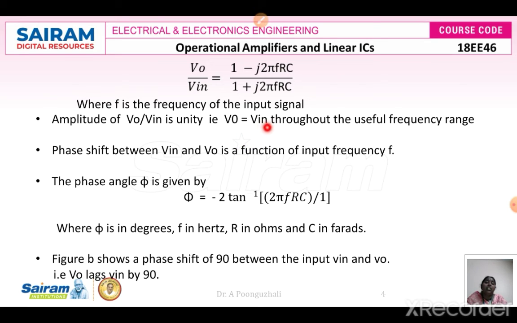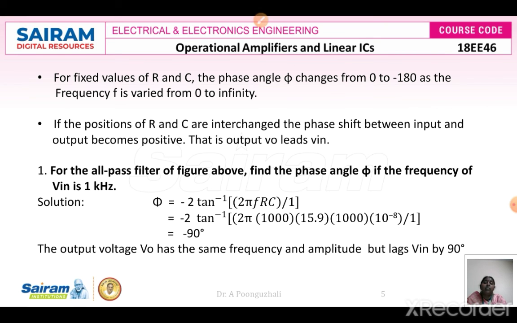The phase shift between Vin and V0 is a function of the input frequency F. So the phase angle we can give as minus 2 tan inverse of 2 pi FRC by 1, B by A, where B is 2 pi FRC and A is 1. Here phi is in degrees, F is in hertz, R is in ohms, C is in farads. The second figure B shows the phase shift of 90 degrees between the input Vin and V0. So we say that V0 lags Vin by 90 degrees.